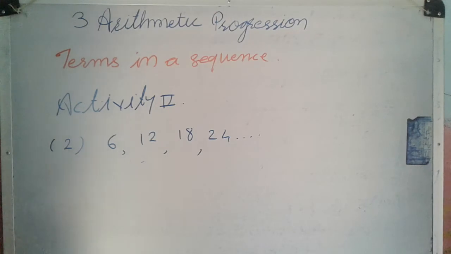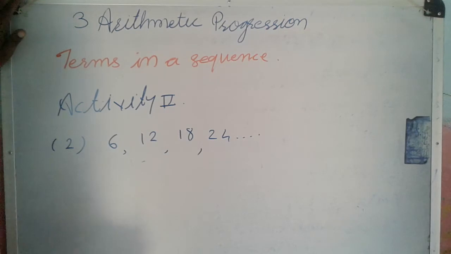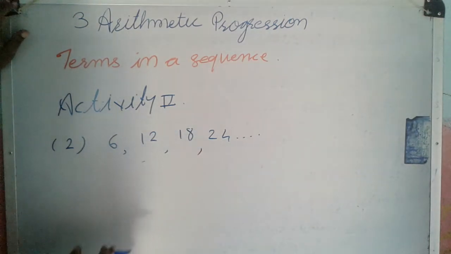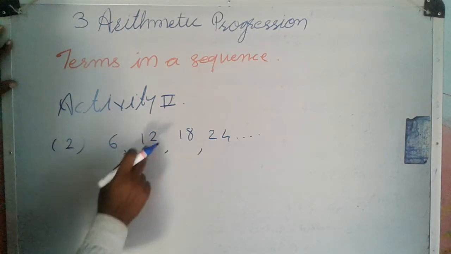Now see here, in this arrangement, we will find the rule. If you observe the numbers, there is a difference of 6.